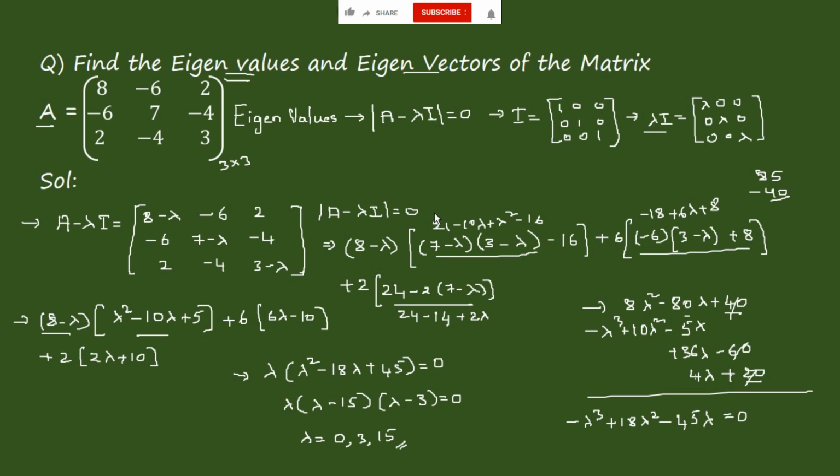Now we have found the eigenvalues. Now we'll find the eigenvectors. We know that lambda is equal to 0, 3, and 15.